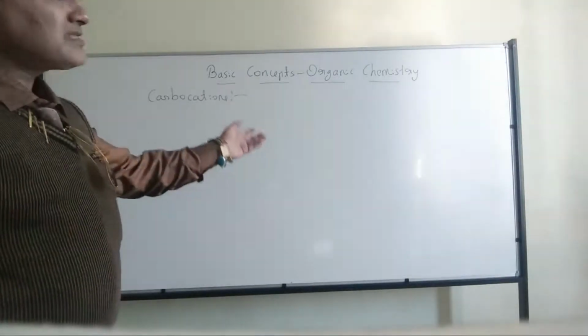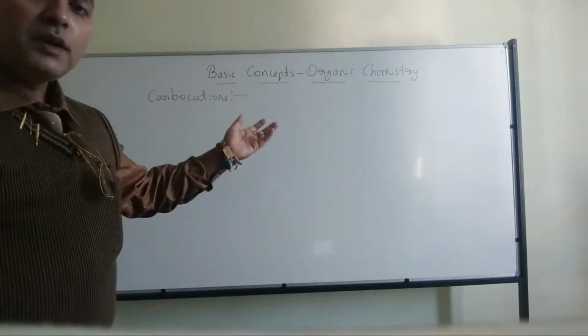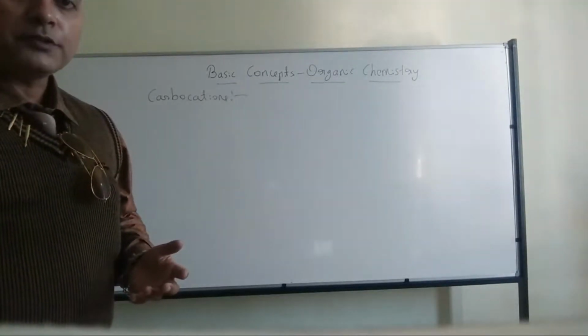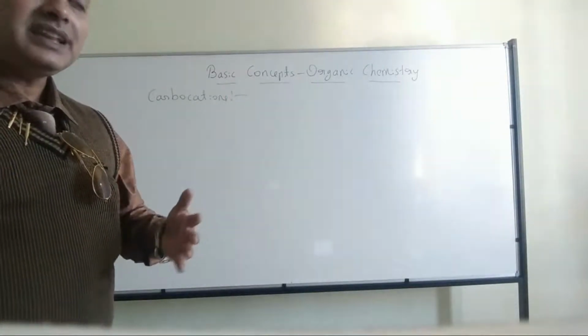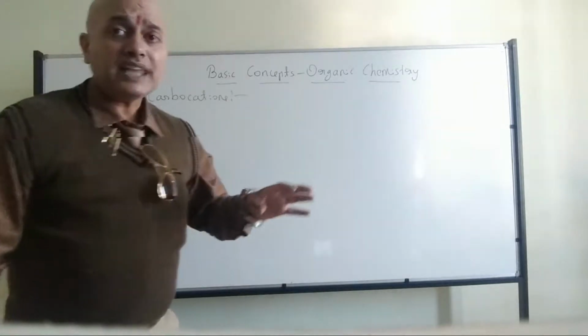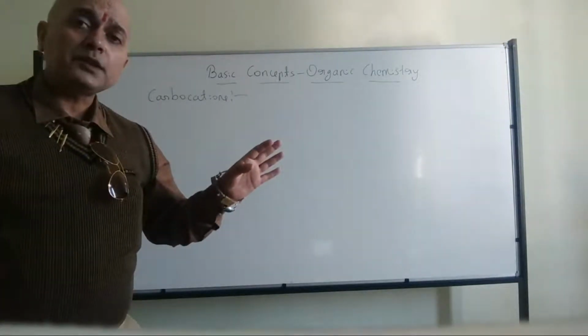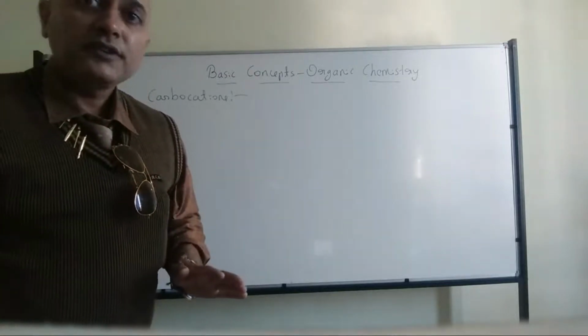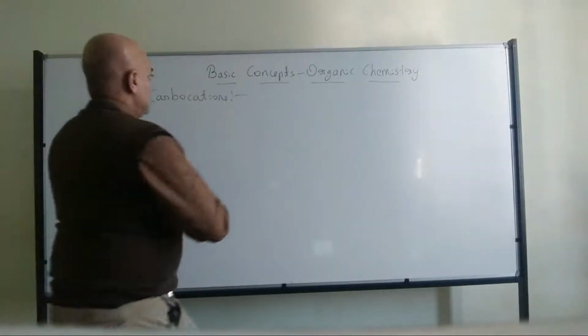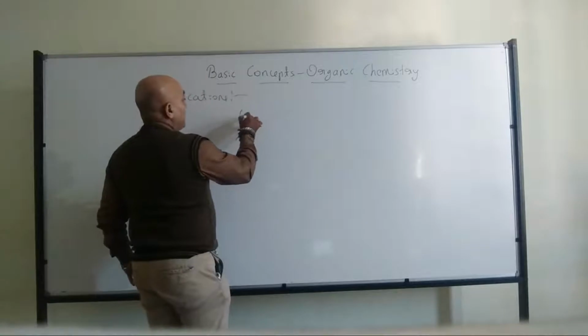With respect to secondary, I have taken the example of a propane derivative, the propyl group. It can be butyl also. So what I mean to say here is, except methyl carbocation, for all the other carbocations there can be many examples.